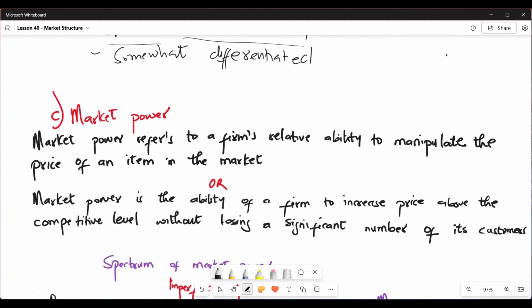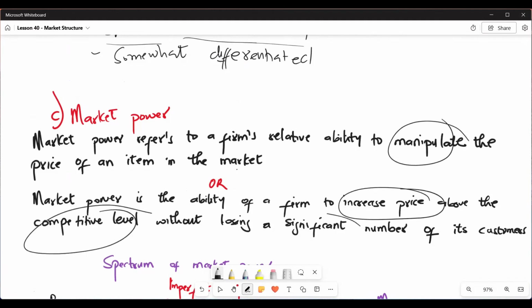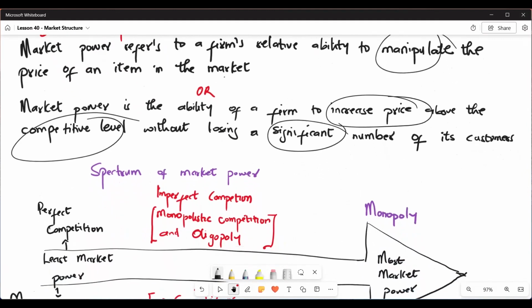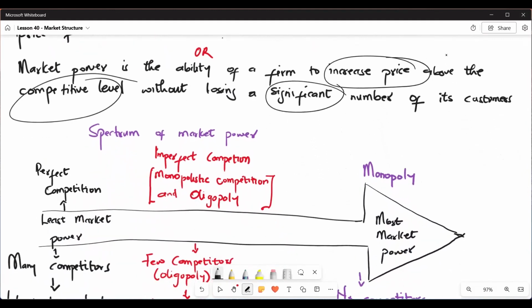So, market power is simply the firm's relative ability to manipulate the price of an item in the market, or it is a firm's ability to increase the price above the competitive level without losing a significant number of customers. So if you are a firm and you can influence the market above what the market has decided, and you do not lose a significant number of your customers, then you have market power.